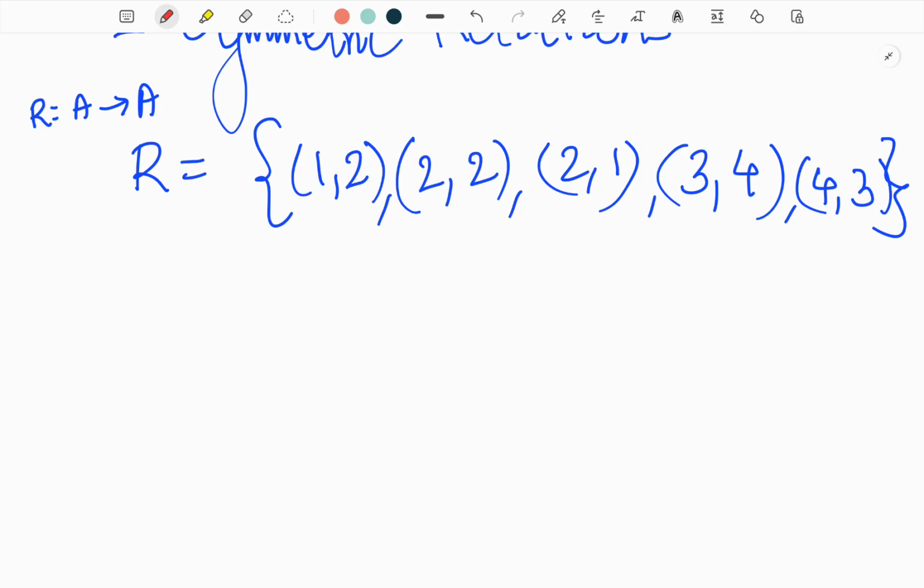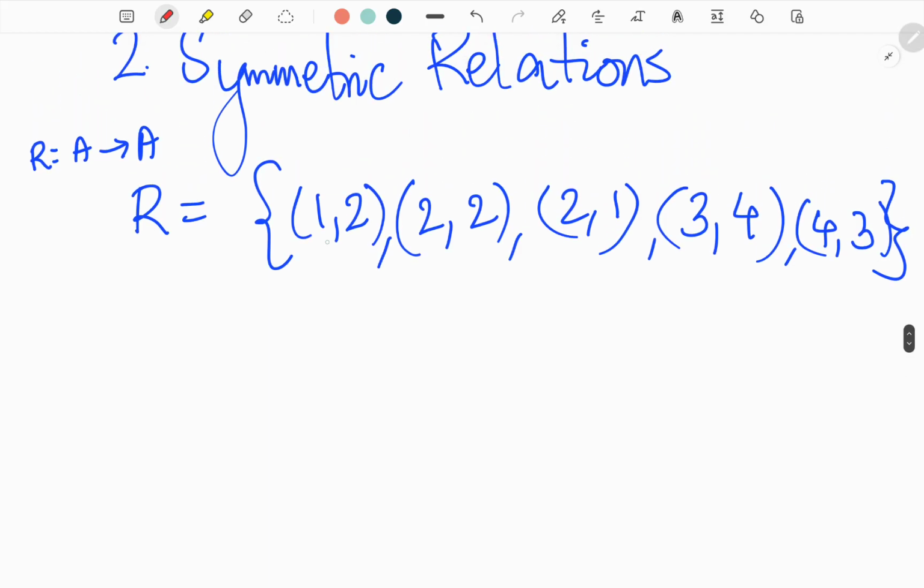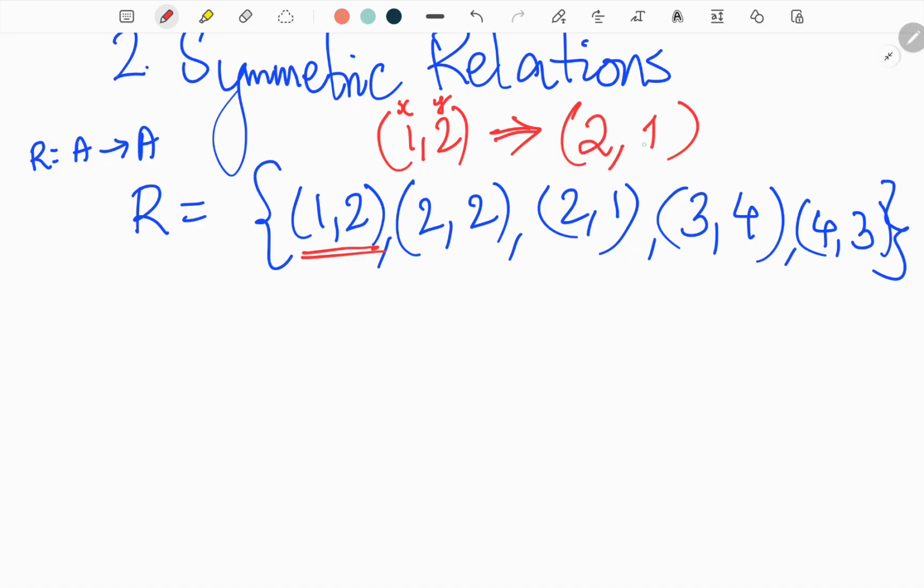So what do I mean by that? Let's say I am going to consider this ordered pair 1 comma 2. 1 comma 2 belongs to the relation. Now, what is the y value? Y value is 2 and x value is 1. If I am interchanging the x and y value, what is the ordered pair? 2 comma 1.